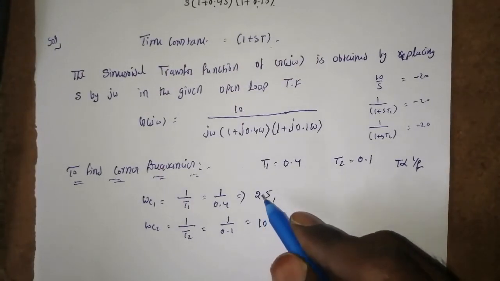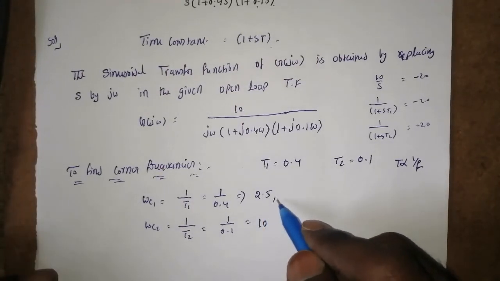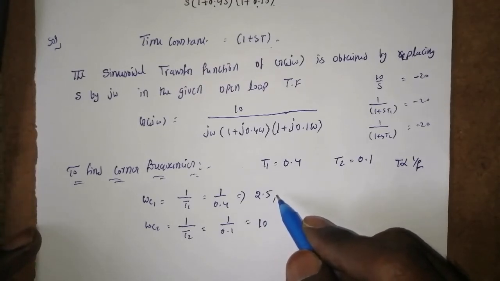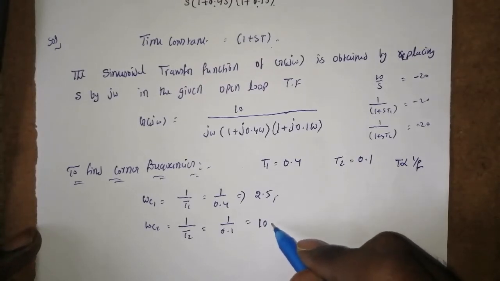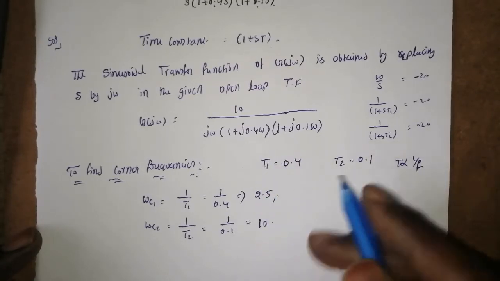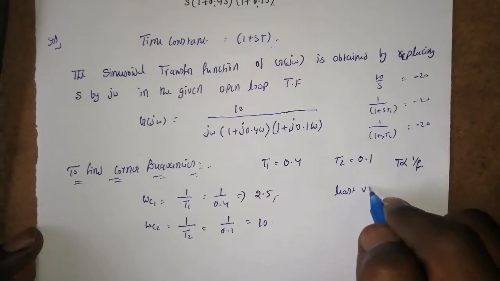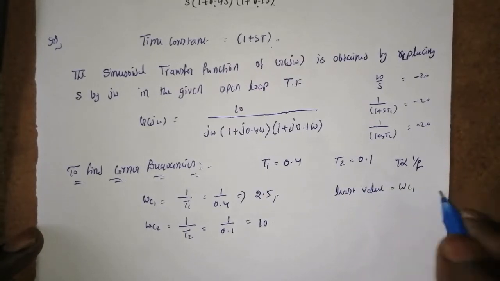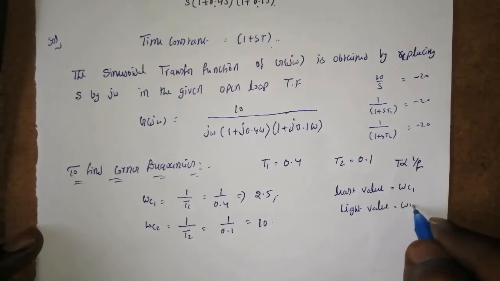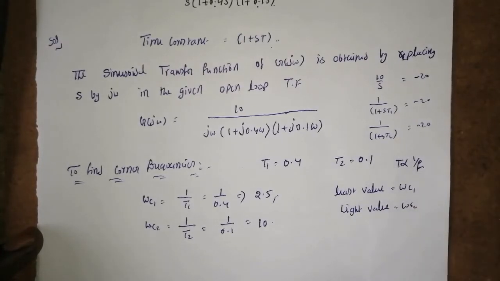Listen here: after finding these corner frequencies, you have to choose the least value as omega c1 and the highest value as omega c2. You have to remember that the least value equals omega c1 and the highest value is omega c2.